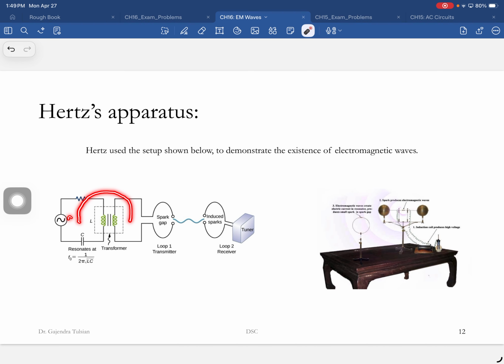So here are the properties of electromagnetic waves. Both E and B fields satisfy the wave equation. In vacuum, all electromagnetic waves travel at 3 times 10 to the power 8 meters per second. So what are the kinds of electromagnetic waves you know?